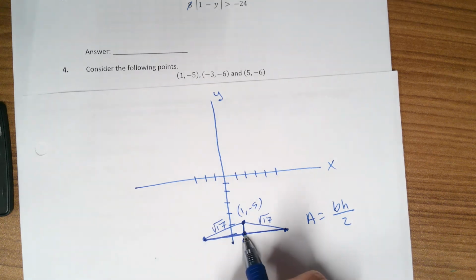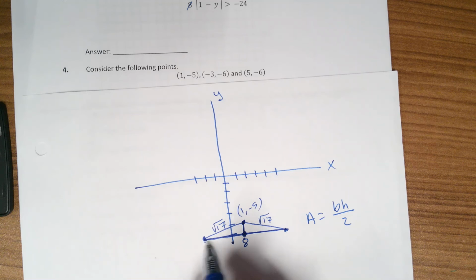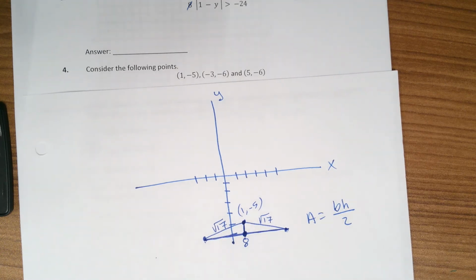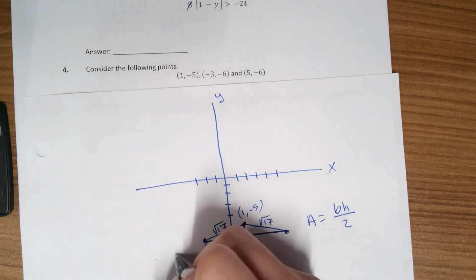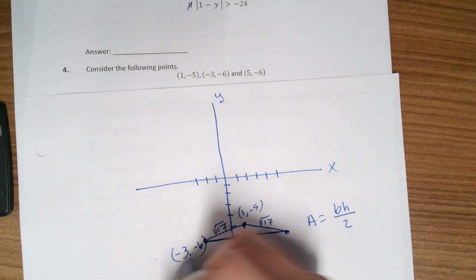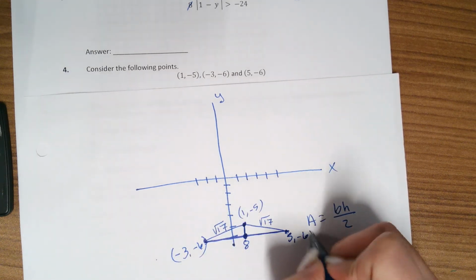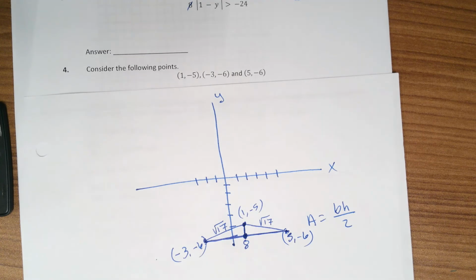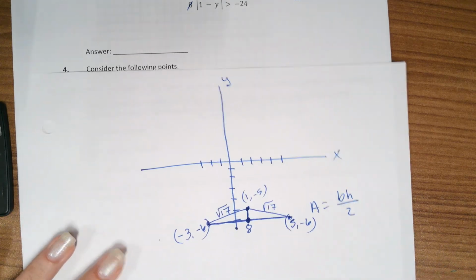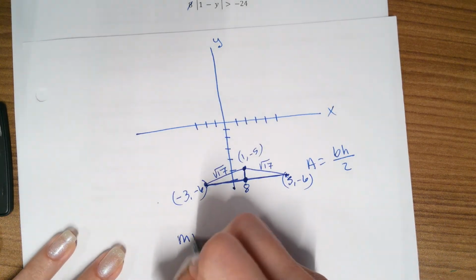Now in order to find what this point is, this is dead smack in the middle of these 2 points. So I need to know what is the midpoint of these 2 points right here, and those 2 points are -3, -6, and 5, -6. So to figure out the midpoint of those, like I said, we will use the midpoint formula.